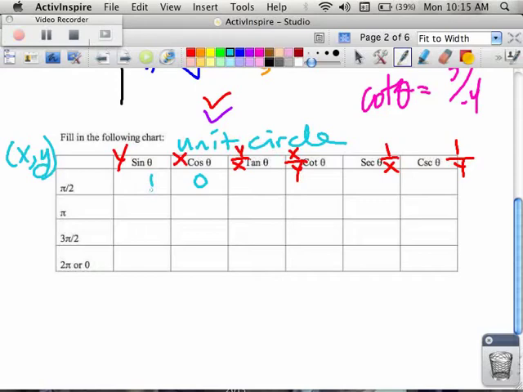If I wanted the tangent, 1 over 0, undefined. Or I would even accept infinite, I guess, because you can't divide by 0, that's an issue. But 0 divided by 1 is the same as 0. And 1 over the x is the same as undefined again. And 1 over the y is the same as 1, because it's 1 divided by 1.